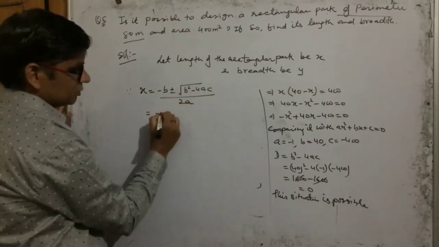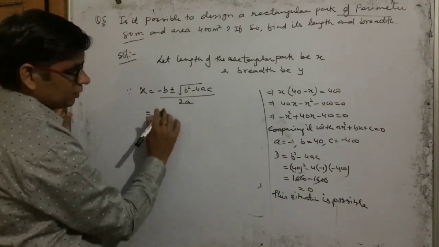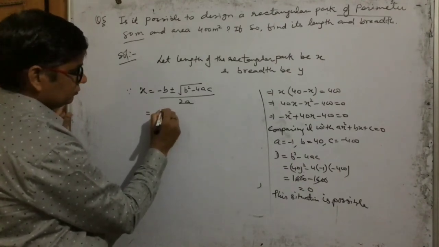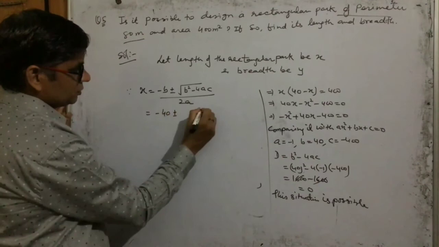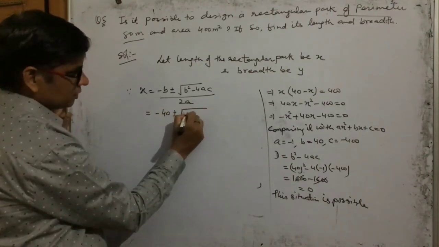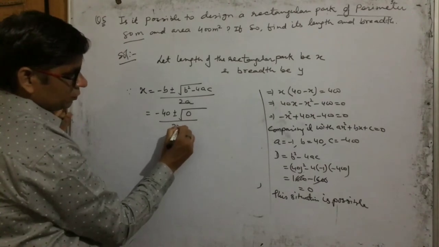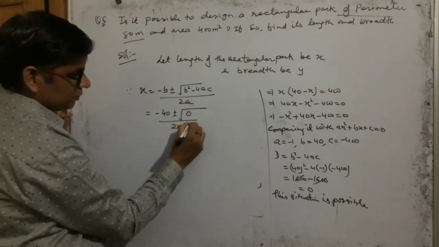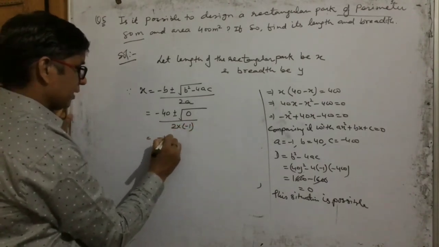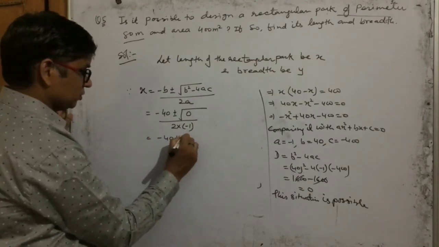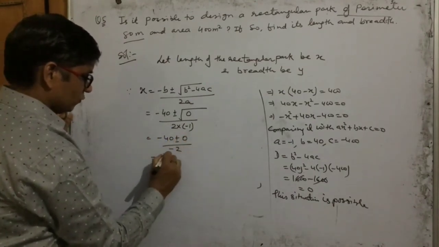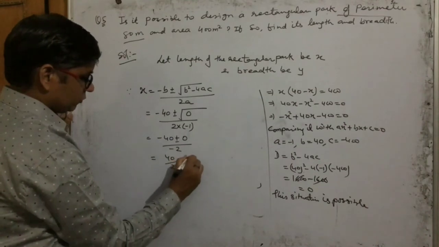Minus b is minus 40, plus minus b square minus 4ac is 0, and a is minus 1. So minus 40 plus minus 0 upon minus 2, 40 upon 2, 20.